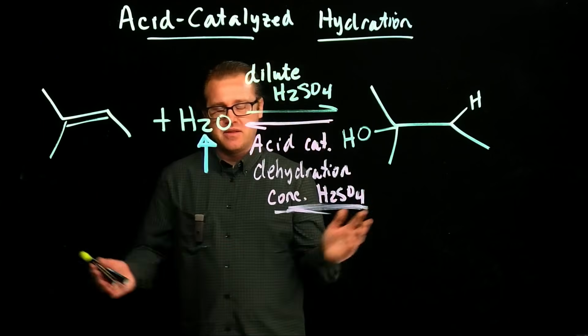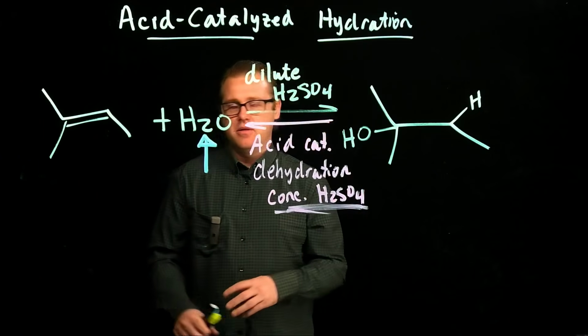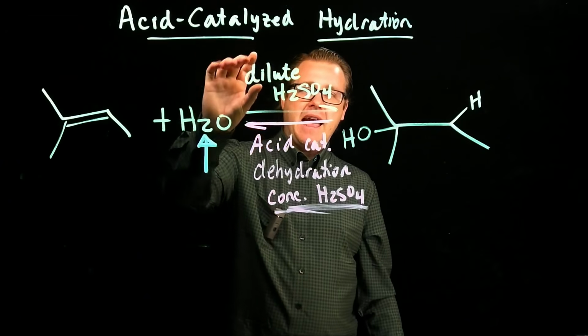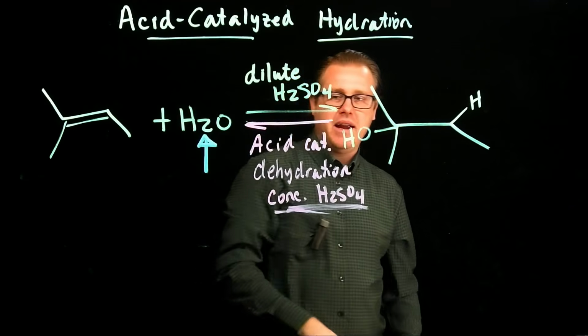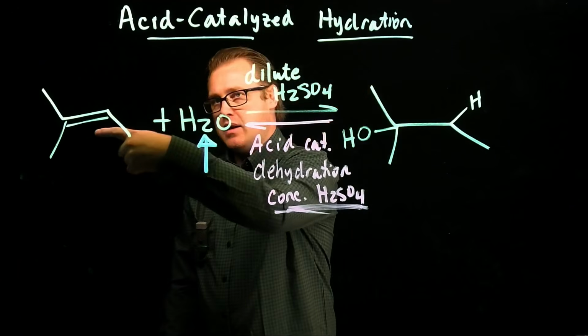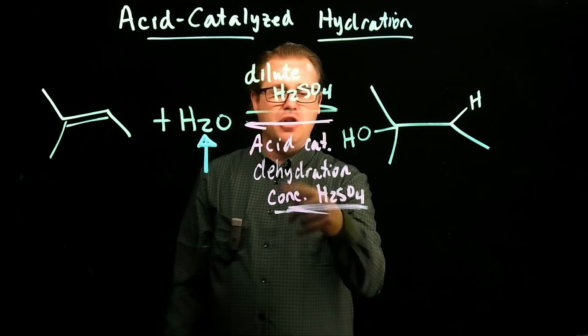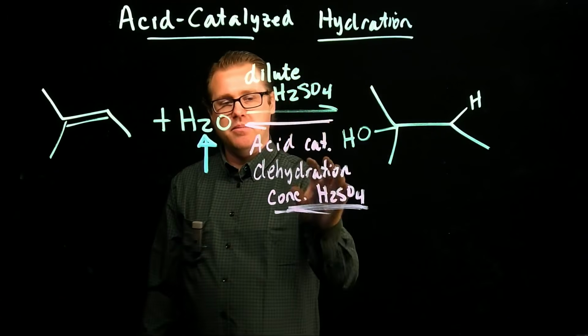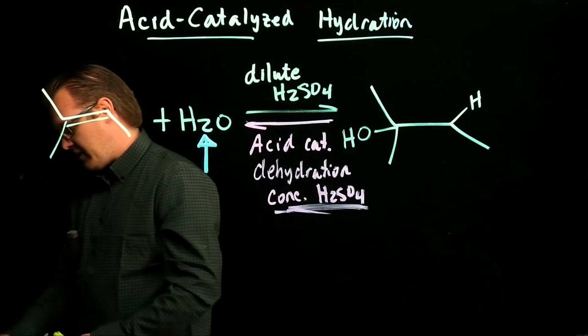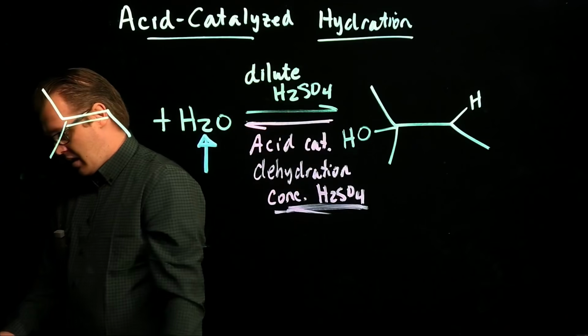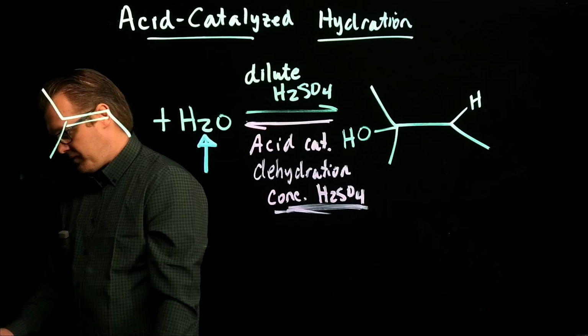But if you don't have this fancy distillation setup, just know, add more water to dilute the sulfuric acid to drive it to the right. If you want to drive it to the alkene, then you add sulfuric acid and keep that concentrated. Okay? And that can all be explained by Le Chatelier's principle.